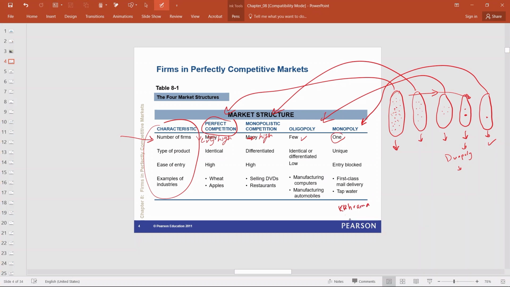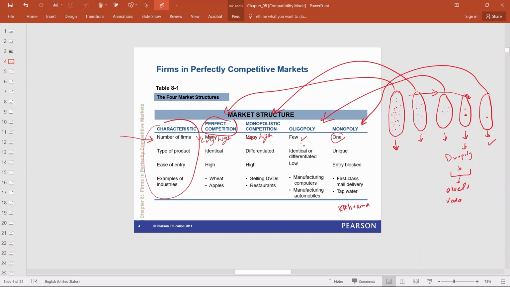Qatar Post, Hamad International Airport. Also, some companies with patented drugs, for example. For duopoly, only two firms working in one industry, and in Qatar you can find Ooredoo and Vodafone.